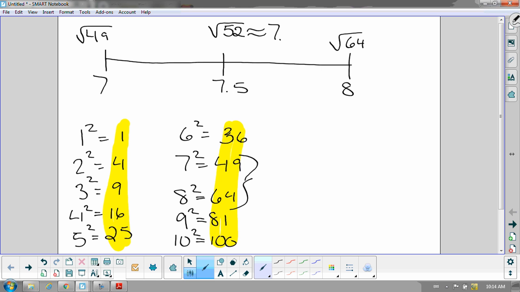Go back to the top number line. If we think about 52, 52 is closer to 49 than it is to 64. So we'll just move the 52 over here somewhere.